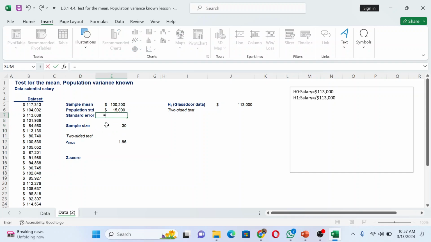Standard error is equal to the population standard deviation, which is given, divided by the square root of the sample size.